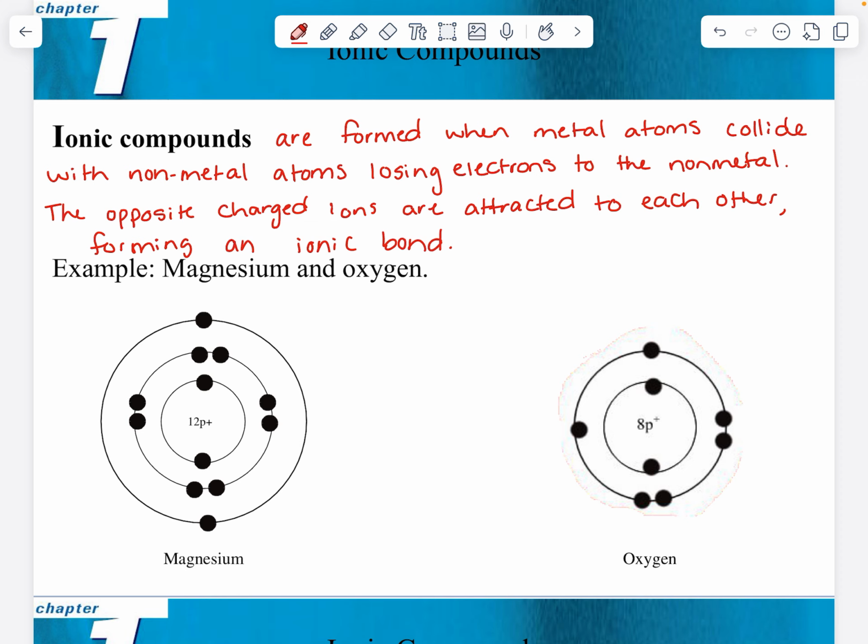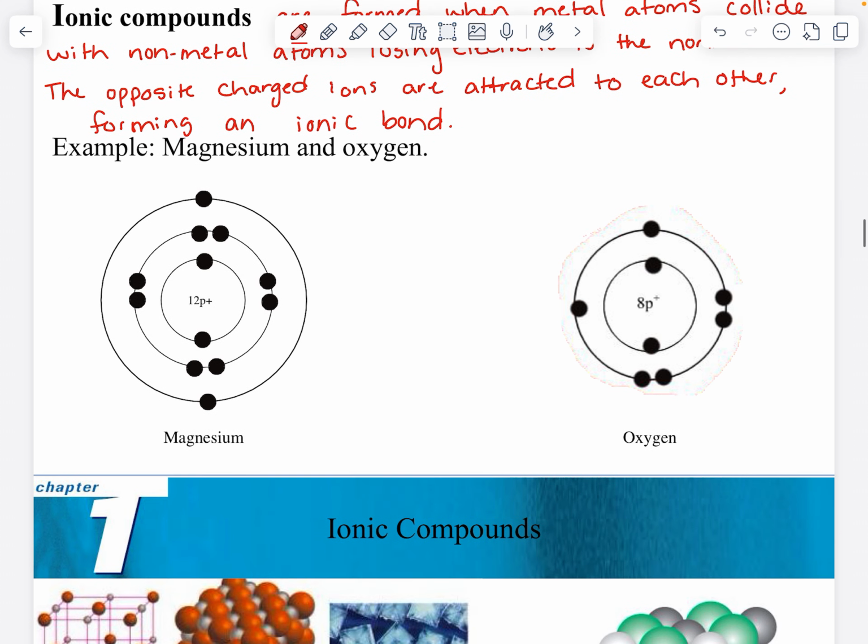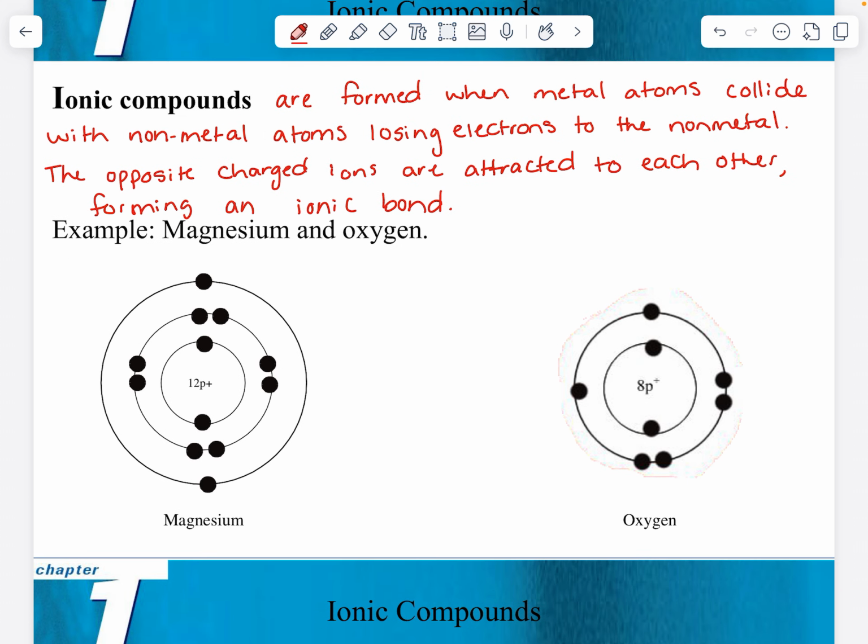So when magnesium and oxygen collide, what happens is the magnesium wants to get rid of those 2 electrons in its outer shell. So it's going to transfer them over to oxygen. And as a result, magnesium has lost 2 electrons. So we end up with magnesium 2 plus, and oxygen has gained 2 electrons.